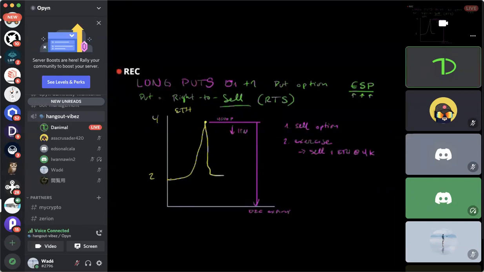And so as we discussed with Opyn v2, these are European style, and they exercise automatically if in the money. So if Ethereum stays unchanged and this moves on, and hypothetically, if you have this contract at this point in time, the contract would automatically be exercised, and then you will sell 1 ETH at 4K, right?